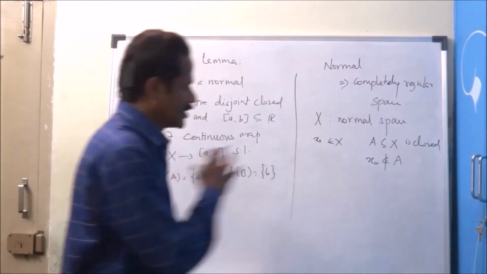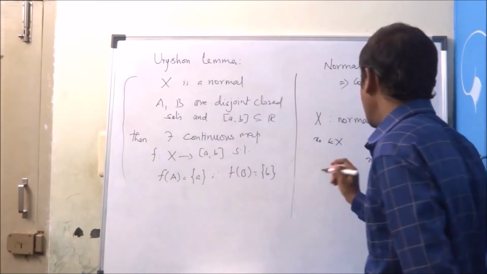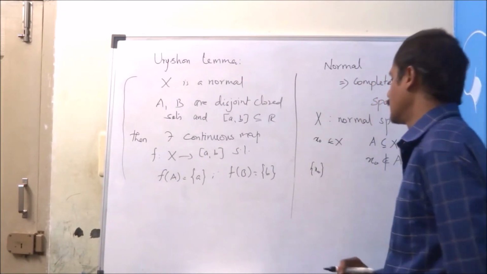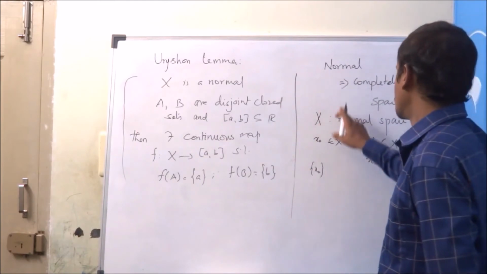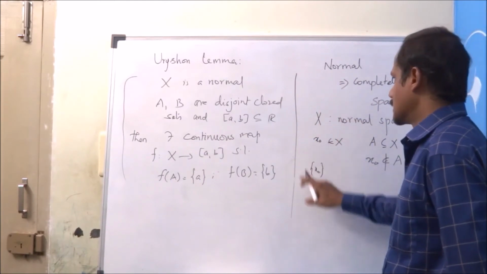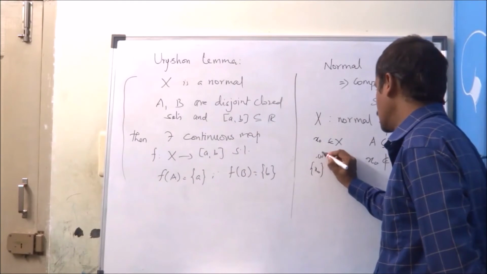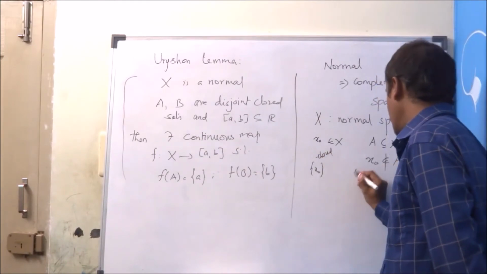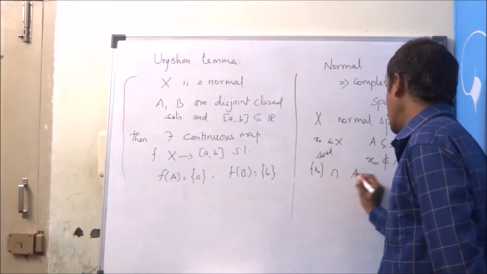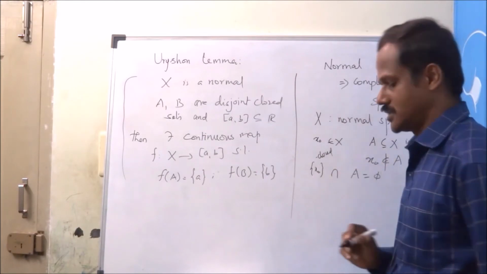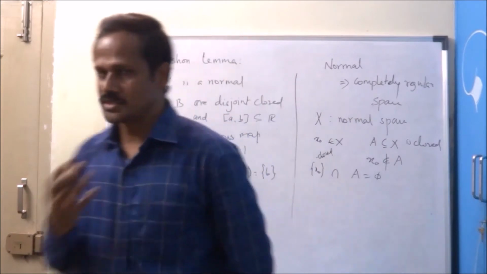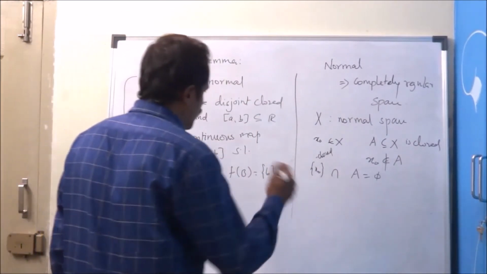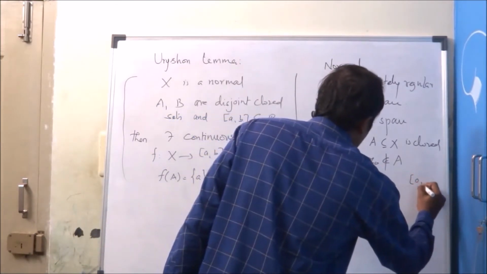Now we are going to apply this Urysohn lemma here by taking singleton x naught as one closed set. Because X is a T1 space, every singleton set is closed. So this is a closed set in X, and x naught is not in A. Therefore, these two are disjoint sets. Singleton x naught and A are two disjoint closed sets in the normal space. And take the closed interval as [0, 1].